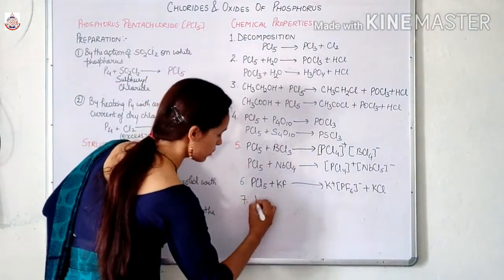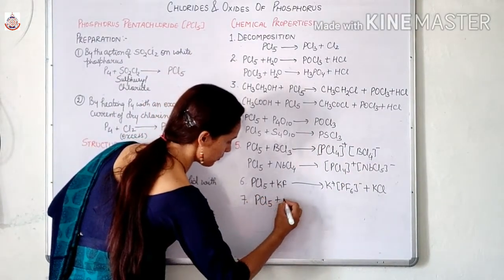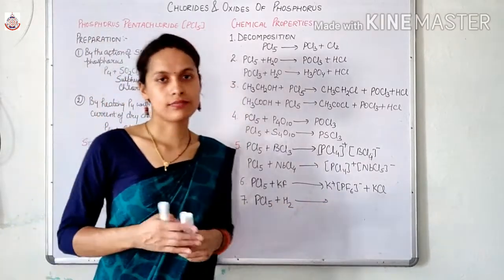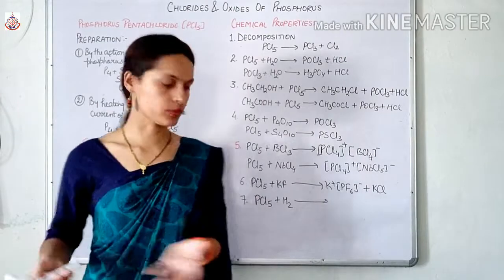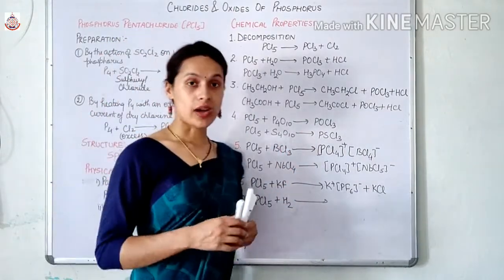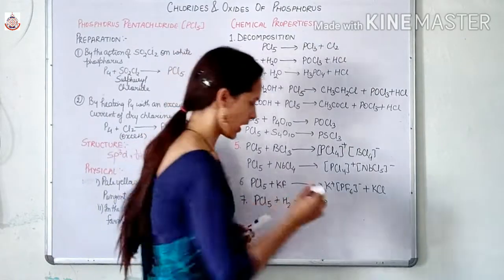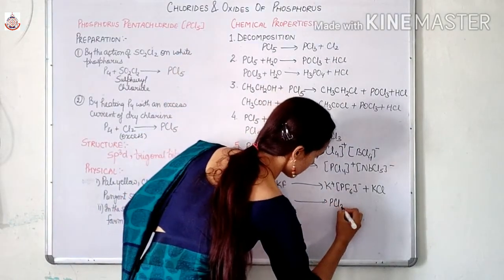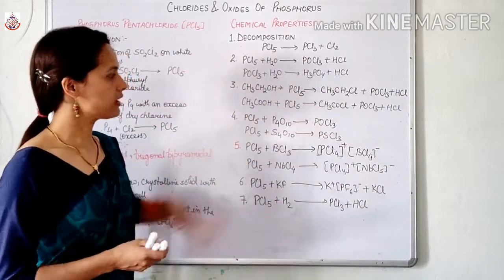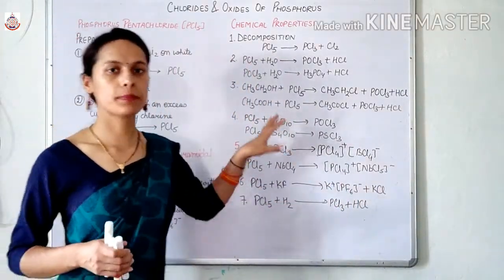Next, when it undergoes reduction, means PCl5 plus H2, can you imagine what our product will be? Obviously one is HCl and another one is PCl3. So PCl3 plus HCl. So these are the chemical properties of PCl5.